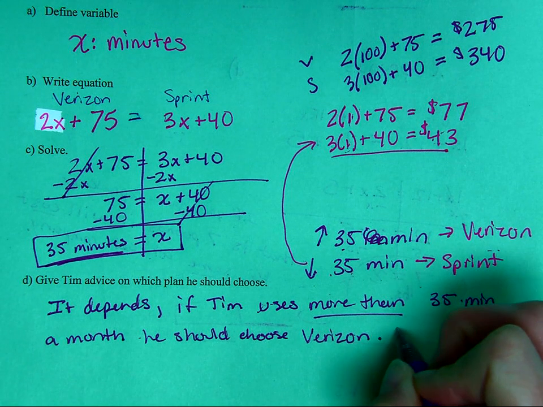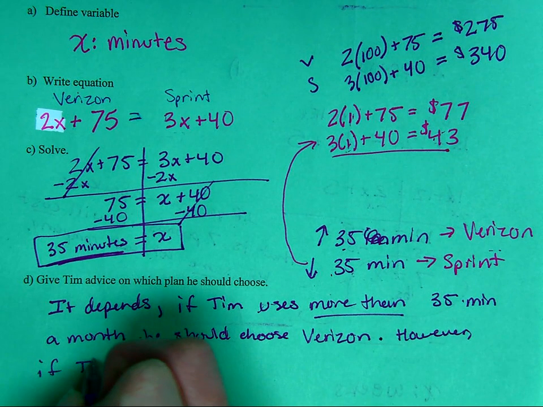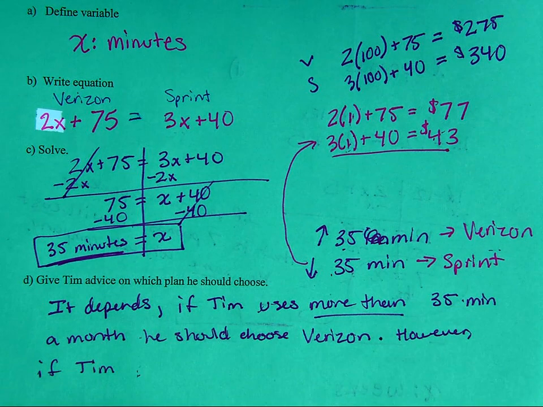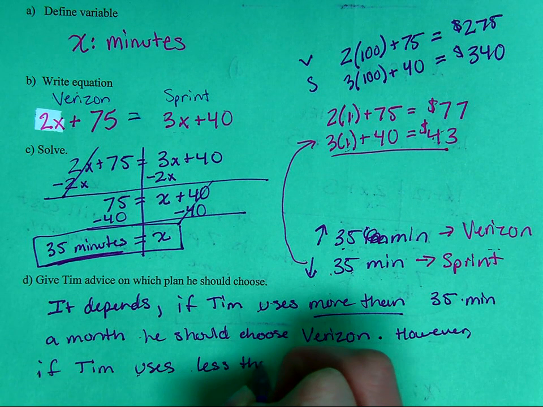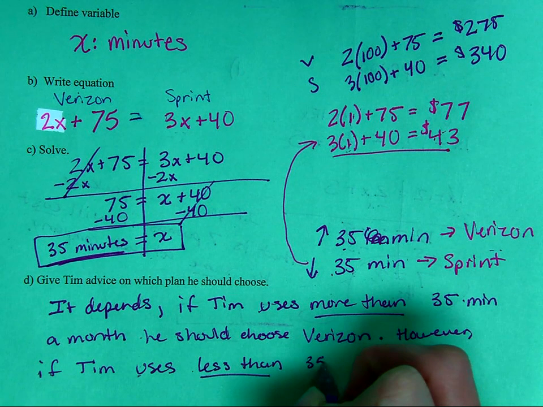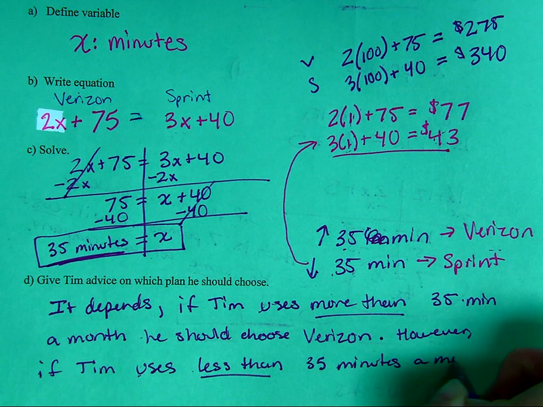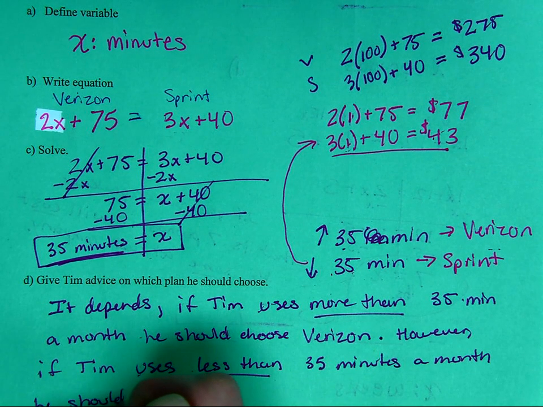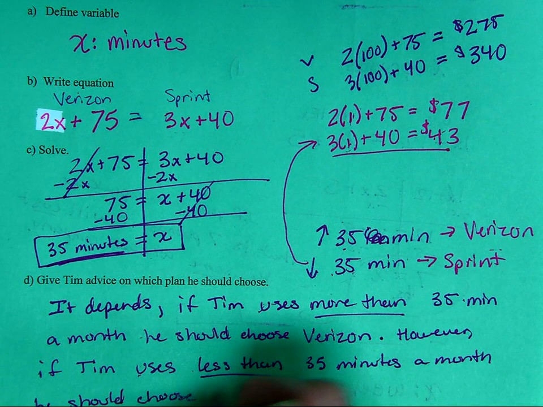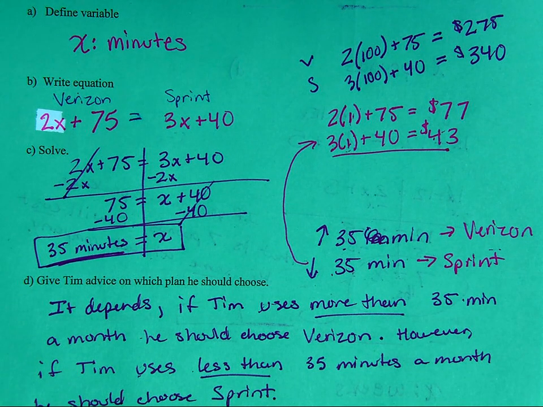However, if Tim uses less than 35 minutes in a month, he should choose Sprint. Okay. Now, the first time doing this problem, if you tried it on your own, you probably didn't write this big paragraph.